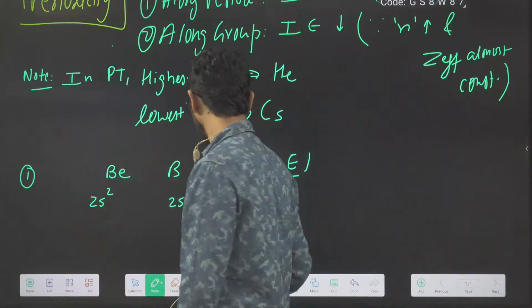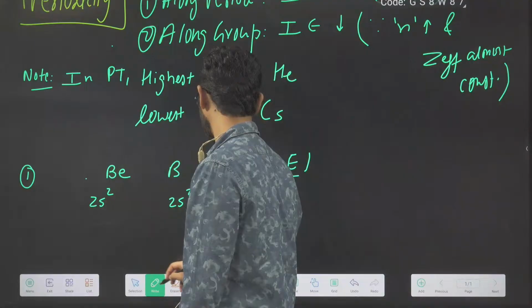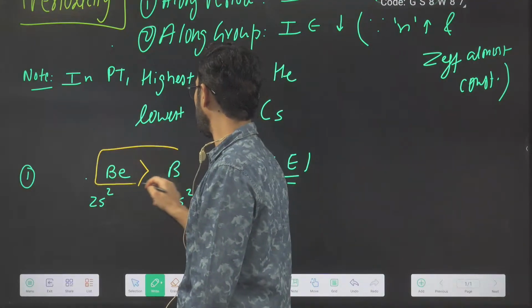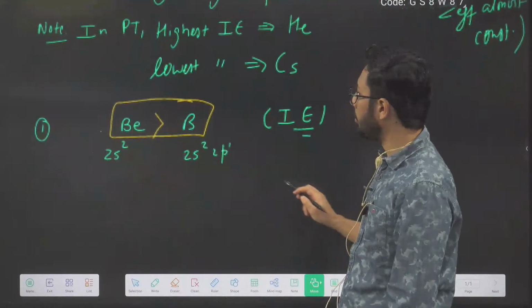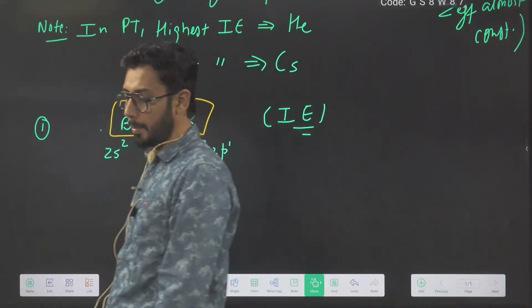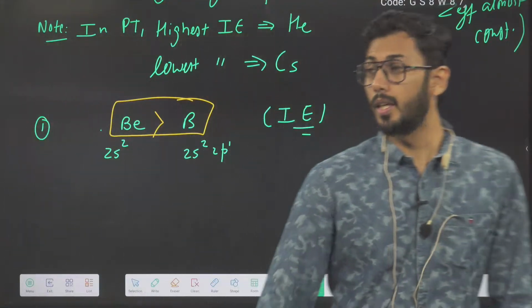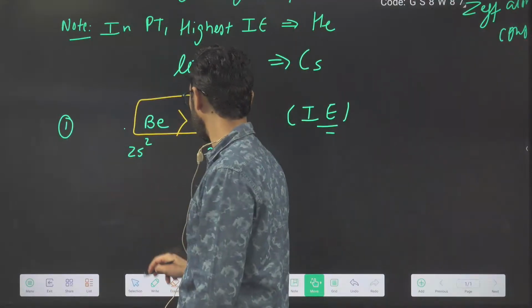But which is observed to be more? Beryllium. Logically it should be more for boron, but the observation is that beryllium is more than boron. It can be explained in which way?